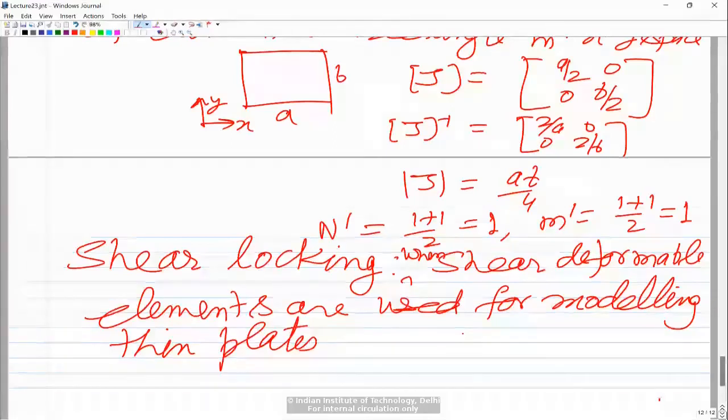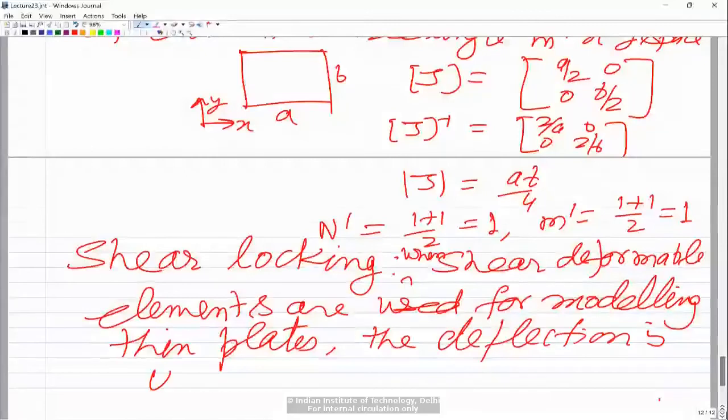Then it would behave like a classical plate, I mean the normal would remain normal after deformation. So when shear deformable elements are used for modeling thin plates, the deflection, in this case W, is under predicted.